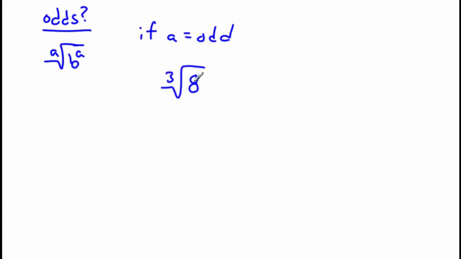The cube root of a positive number doesn't really change from when it was even. It's what times itself 3 times would give me 8. 2 times 2 times 2 is the very thing, so that should be 2.